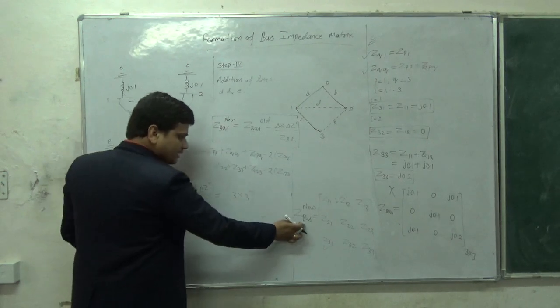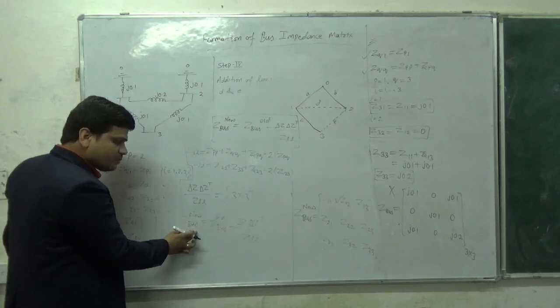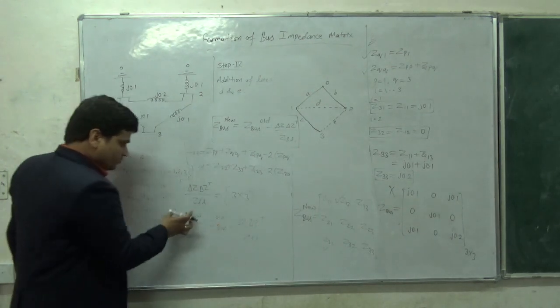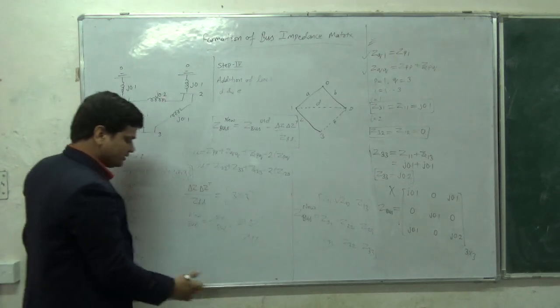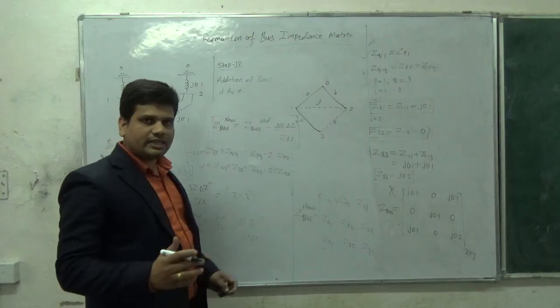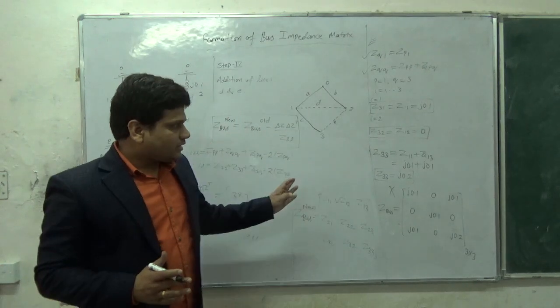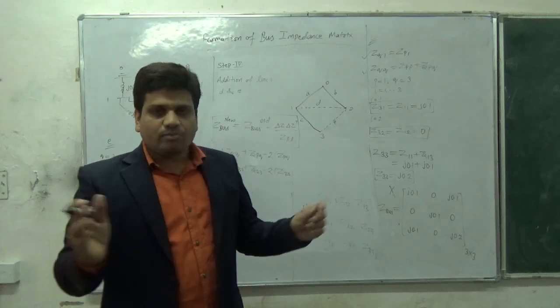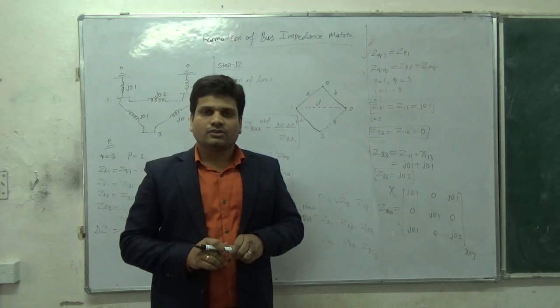So now this matrix will become the Z bus old because you are finding Z bus new. So subtract this product from this matrix Z bus old. So in this case you can solve any problem for n number of buses by using these simple formulas.